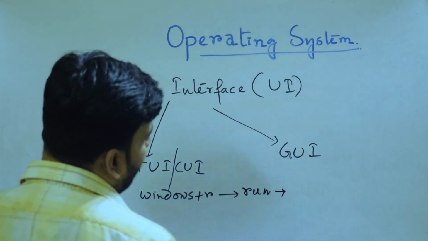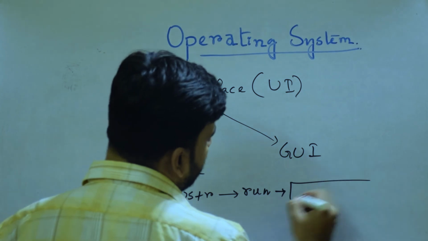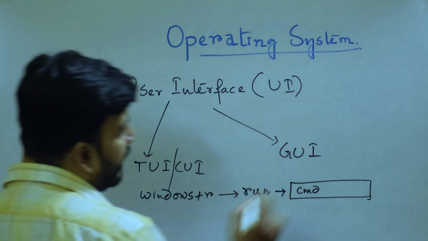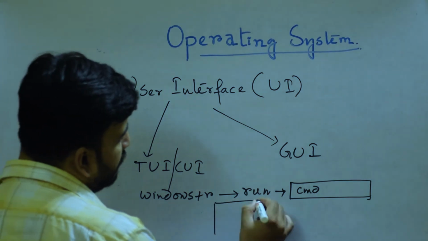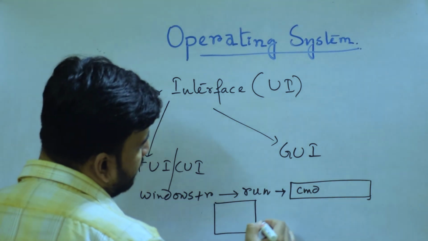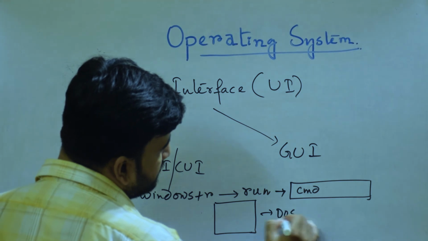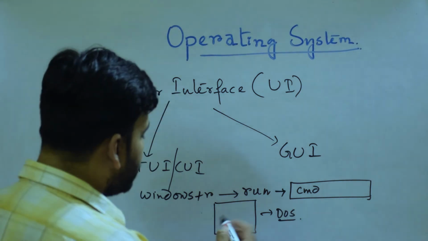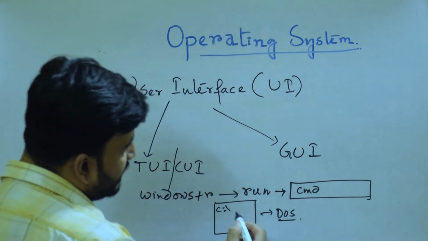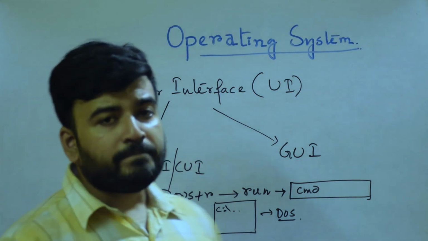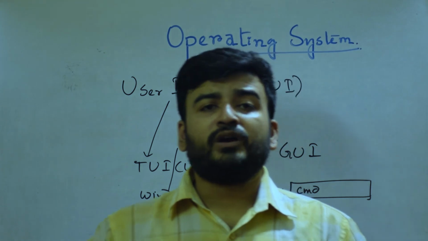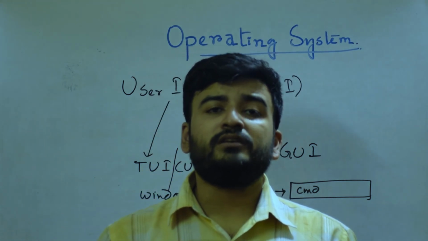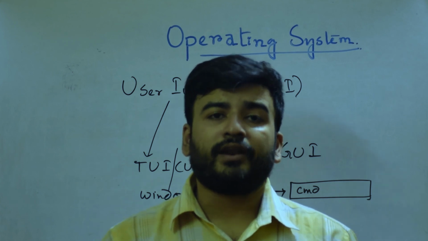In that white rectangular box, if you type CMD, one black screen will open. It is known as a DOS based operating system. Here you need to write only commands. You need to give the command, otherwise you cannot instruct anything to the computer. So these are known as the text user interface, or we can call it the character user interface.